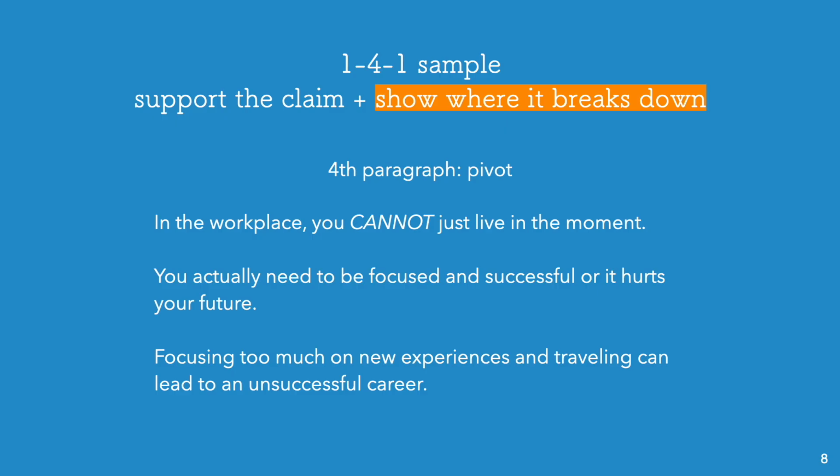You actually need to be focused and successful, or it hurts your future. Focusing too much on new experiences and traveling can lead to an unsuccessful career. So the writer is saying, yeah, Osaka's claim is true to a certain extent, but if you take it too far, it becomes a problem.